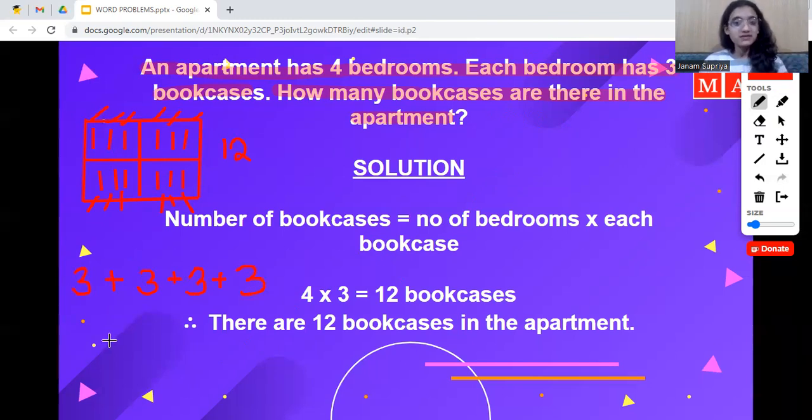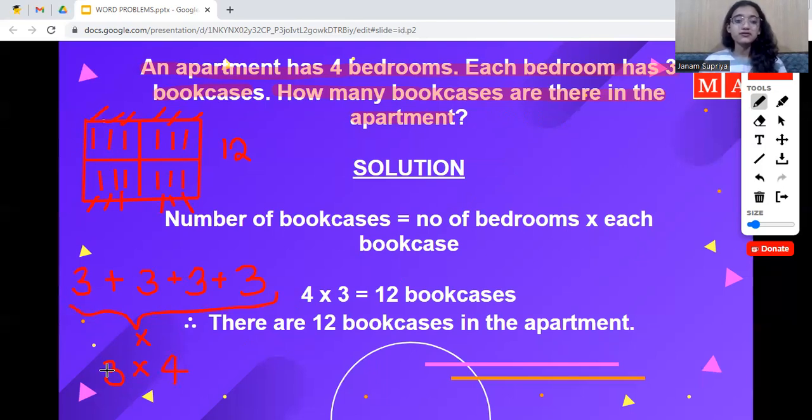As we discussed in the previous video, whenever we need to add the same number multiple times, we use multiplication. Instead of adding 3 four times, we are going to multiply 3 with 4.